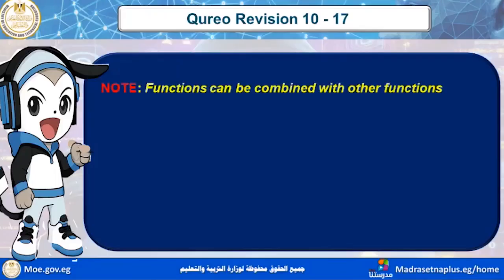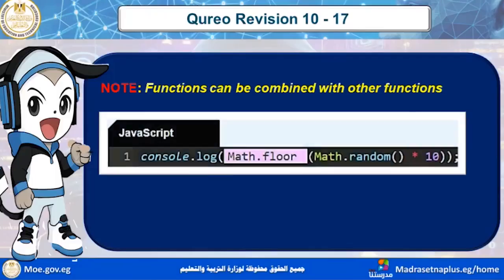Now, functions can be combined with others. We can use two functions together at the same time. Here we would like to write Math.floor of Math.random. We notice that Math.random results in a different number each time. The new value can be combined inside the function Math.floor.